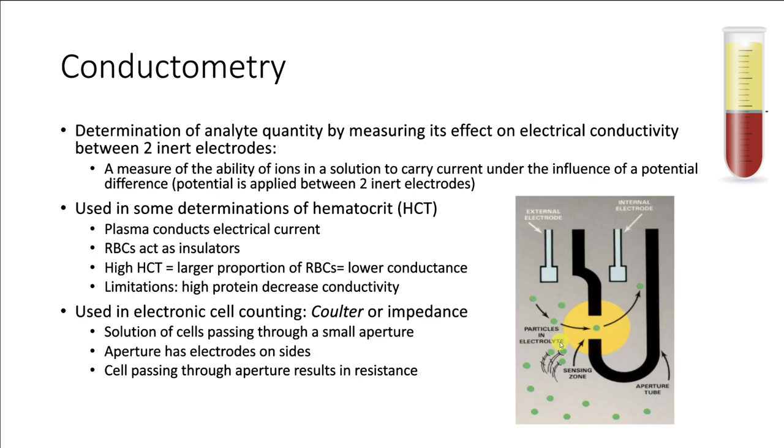Each time a change in resistance is detected, that counts. Then the analyzer is able to count each time that resistance changes. So it's a really efficient way if you literally are just aiming to count the number of things, very simple, very neat, and that's what we really like in chemistry and hematology.